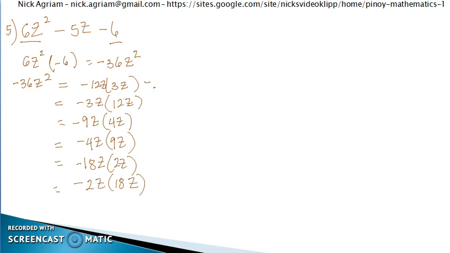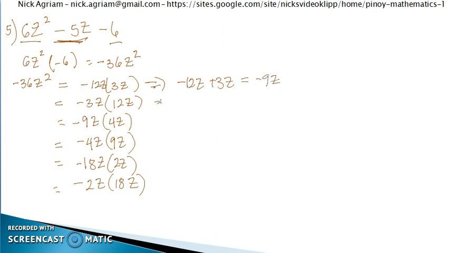But why are we doing this? I will explain now. Because when we add those factors, we will find the second term. That's the important thing that we will do. We will do that by using negative 12 zeta plus 3 zeta is negative 9 zeta.